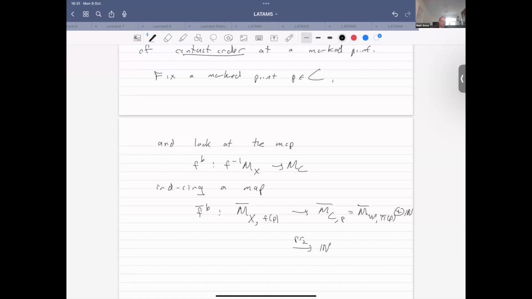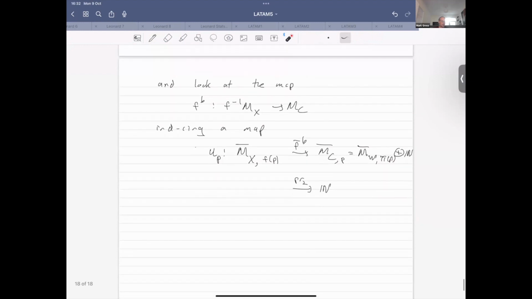So this composition, this map F bar flat, the composition I'm going to write as u_P. u_P is a map from this stalk here to N. And this is called the contact order of F at the point P. So this is, again, purely combinatorial information.